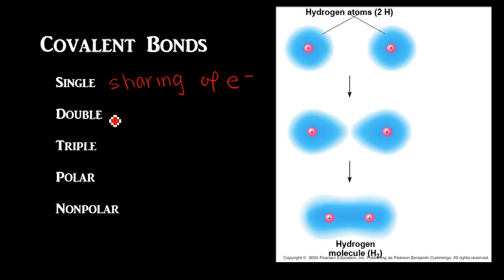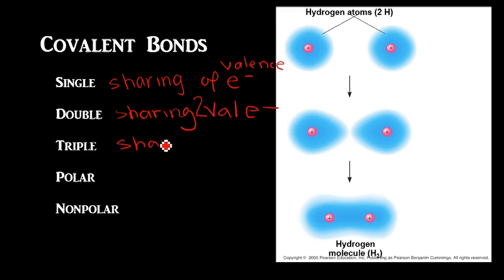Double bonds are when you have sharing of 2 valence electrons, and then here we're going to be sharing 3 valence electrons. So I like to remember covalent: they're coexisting, they're cohabitating, so they're sharing. It's kind of the only way I really remember it.